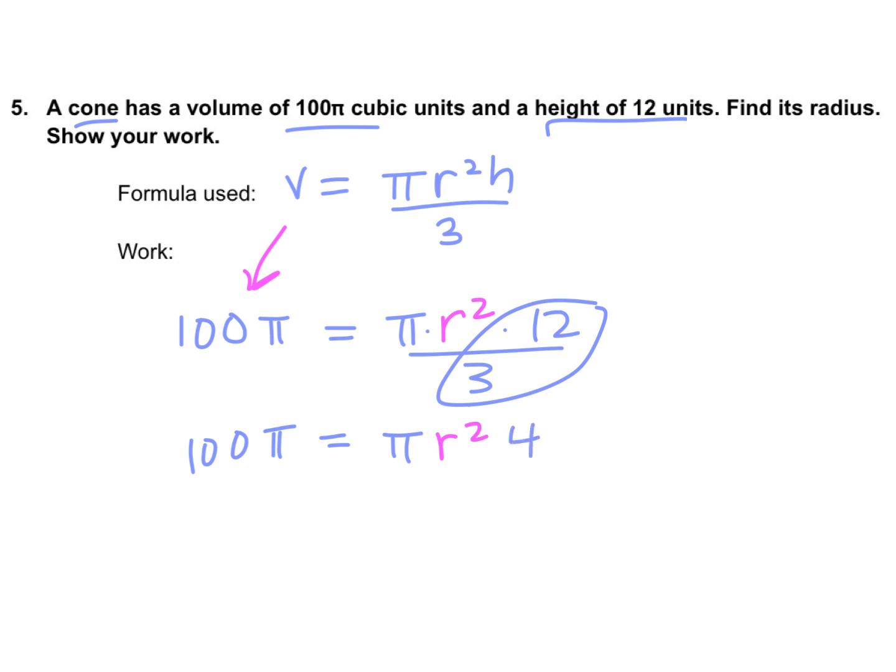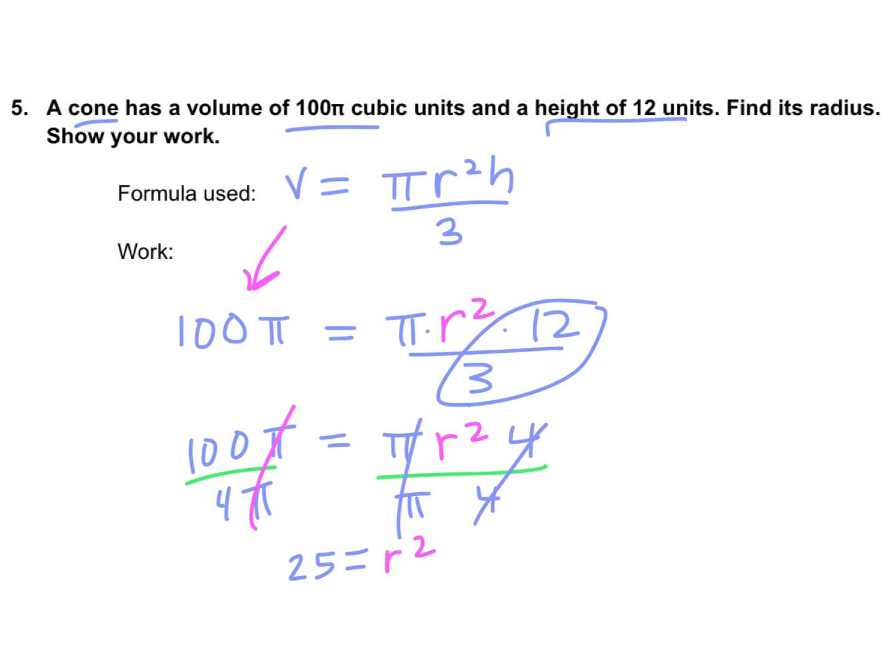Now to get the r squared by itself, I'm going to divide both sides by this pi and this 4, so I can cancel those out. And then whatever I do to the right side, I have to do the left. So I'm going to divide by 4 pi. And 100 divided by 4 is 25. And that's for radius squared.